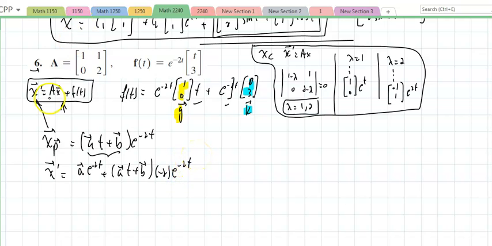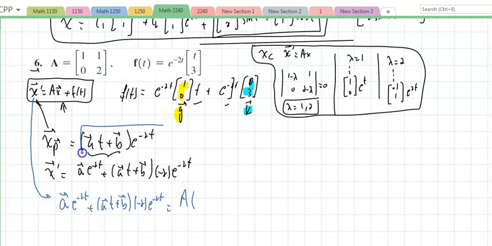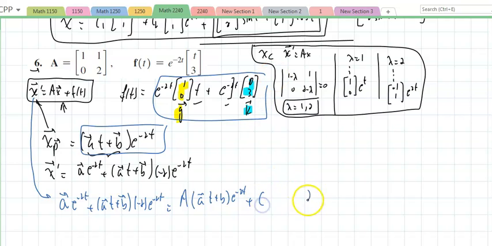And now, if I plug those in there, the left side is a e to the negative 2t plus (at plus b) times negative 2 e to the negative 2t, equaling the right side. A, I know. X, isn't this x? A (at plus b) e to the negative 2t plus, can't I take e to the negative 2t and say that is (gt plus k)? True?